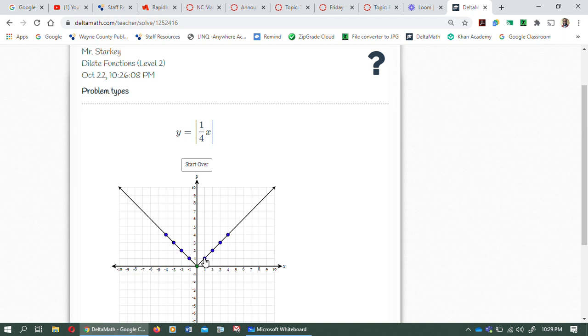So if I multiply the x value 1 times 4, instead of my x value staying here at 1, I'm going to click, hold, and drag it. My x value is going to change from 1 to 4.